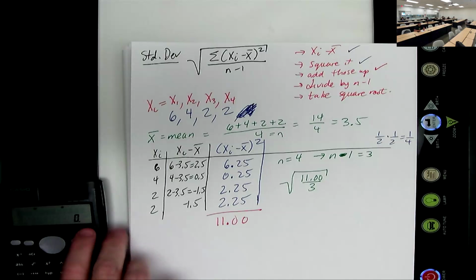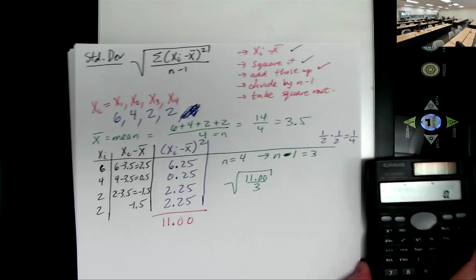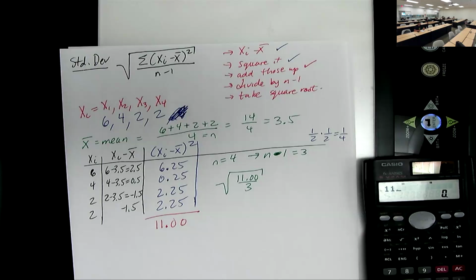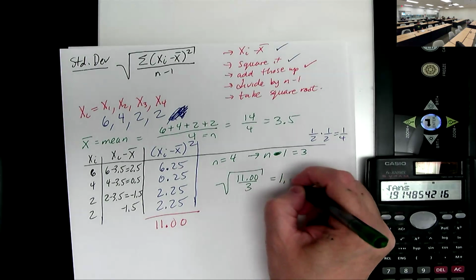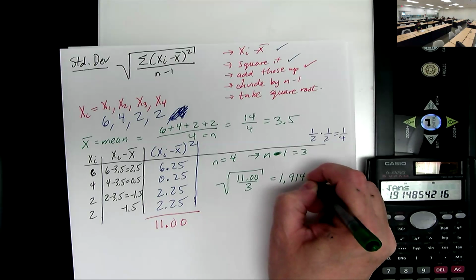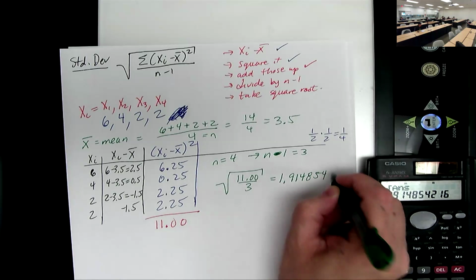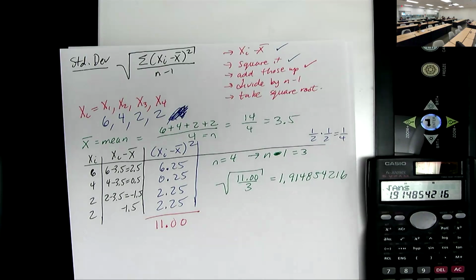I'll do the 11 divided by 3 in the calculator, and then I'm gonna hit square root of the answer. 1.9148542... And then we round it to however many decimal places we need.